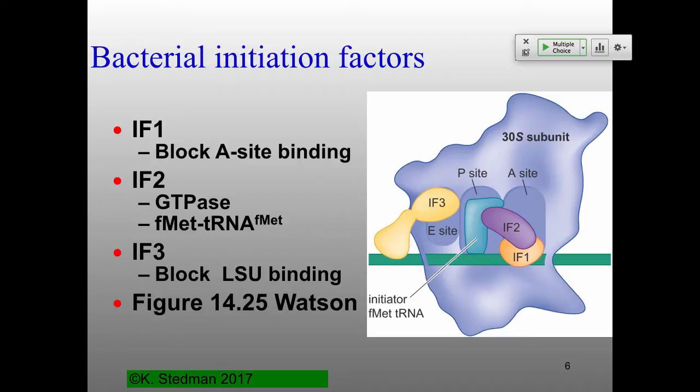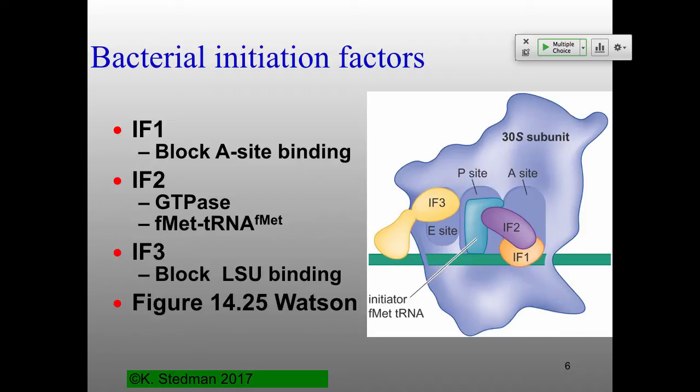IF2 binds to, not surprisingly, the initiator tRNA, and is also a GTPase. And we talked about GTPases when we talked about signaling before. GTPases bind to GTP, and then when they have GTP hydrolysis, there's a change in structure. And in this particular case, and as we'll see a bunch of different times when we talk about translation, this change in the structure with GTP hydrolysis is going to release that initiator tRNA at the right position in the ribosome.